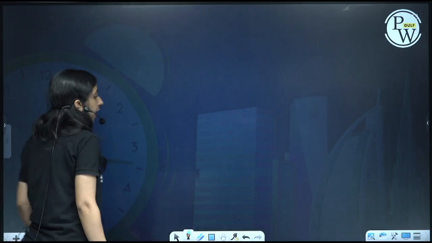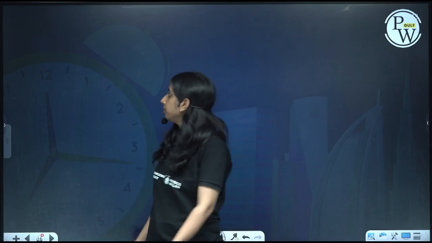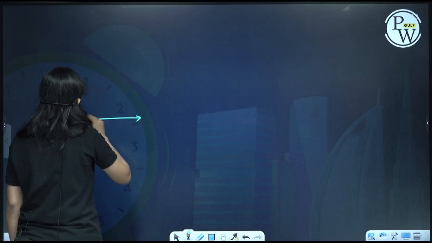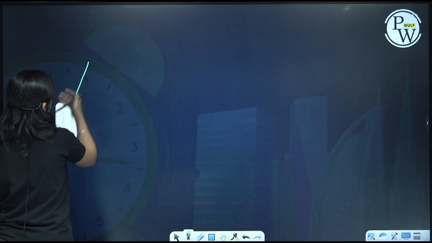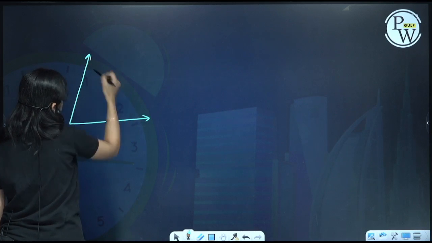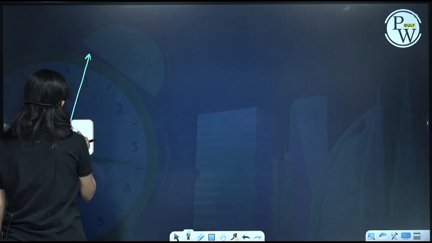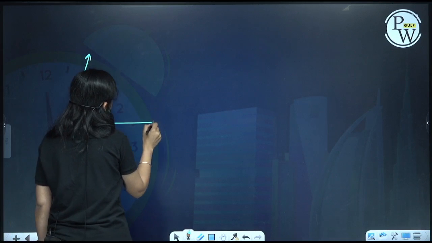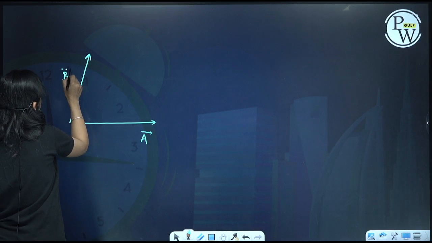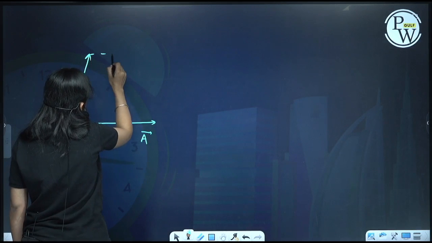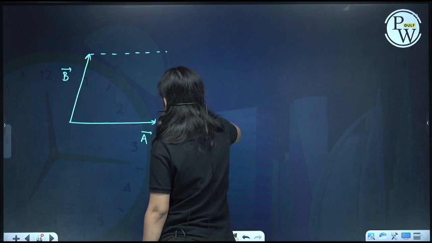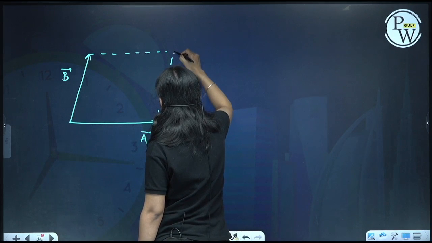Now let's do the analytical treatment of vector addition. What will be the magnitude of this resultant and its direction? So if this is my A vector and this is my B vector, and I want to add these vectors, now I have to draw a parallelogram which is formed by the two vectors.